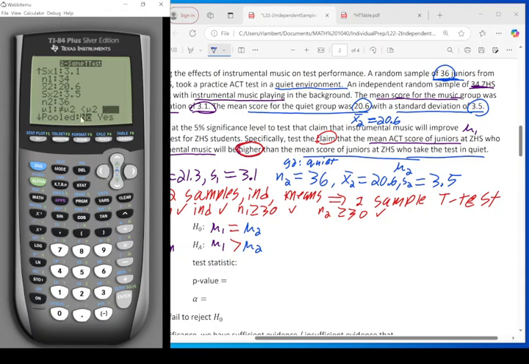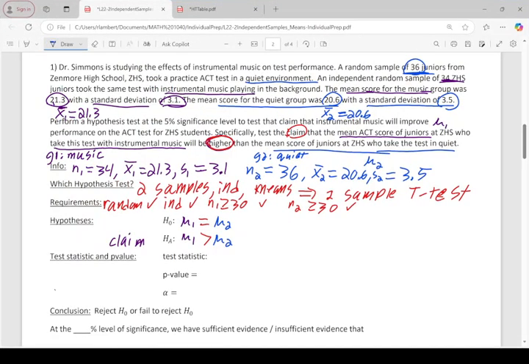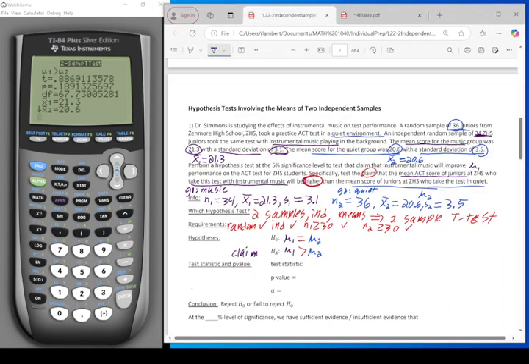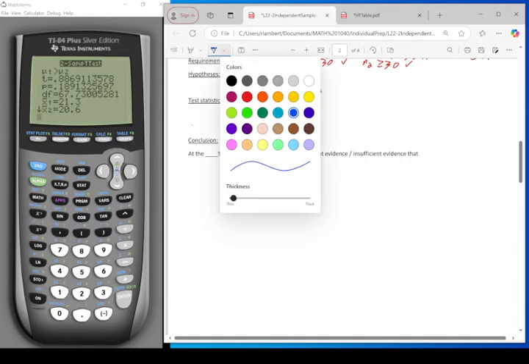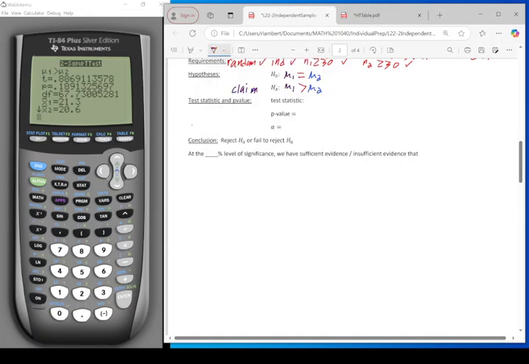This choice affects everything. So it's critical to get this part right, to get the conclusion right. And then pooled, we'll always choose no right here. And then we'll calculate. All right. Almost done here. The test statistic, since we're doing a t-test, is the t-value.